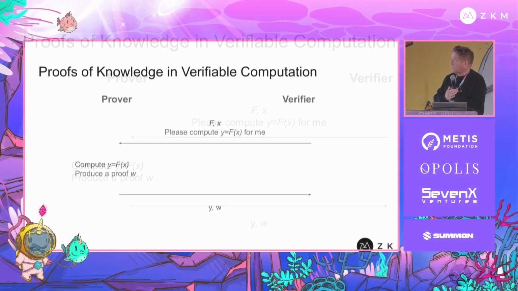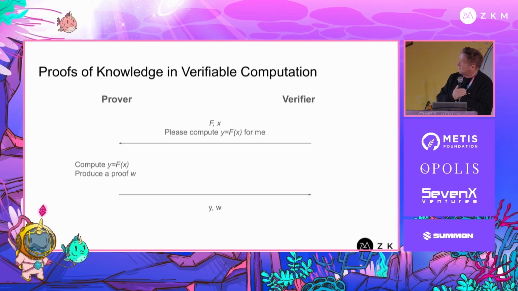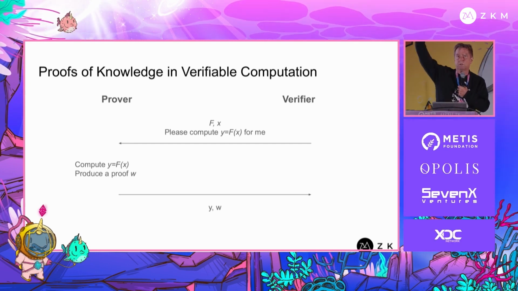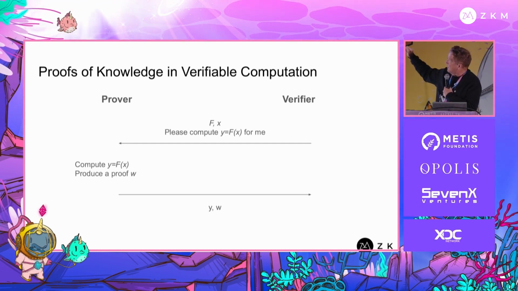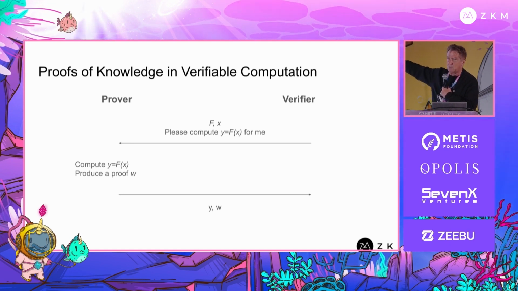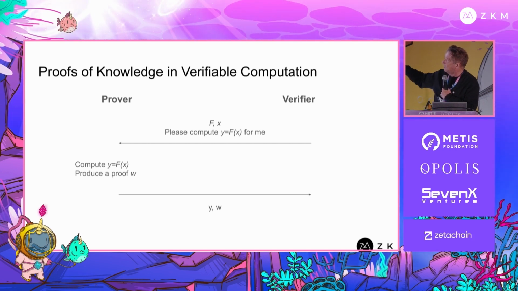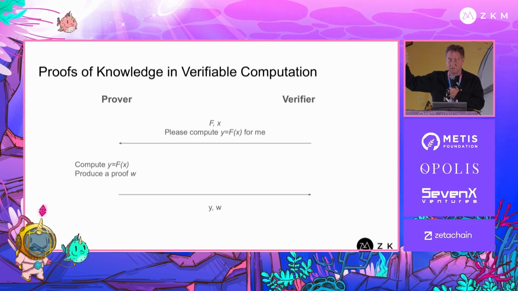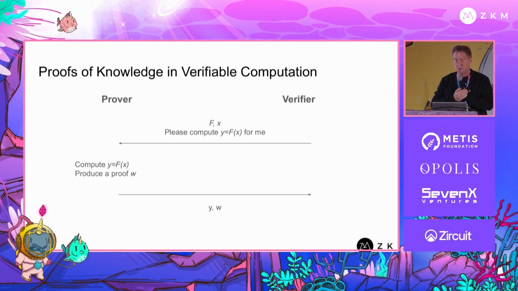Now the context in which we are applying this proof of knowledge is verifiable computation. In verifiable computation, there is one step before the proof of knowledge, because it's the verifier who is now the weak user and is asking the prover: I have this function f, I have this input x, please compute f of x for me, resulting in y.